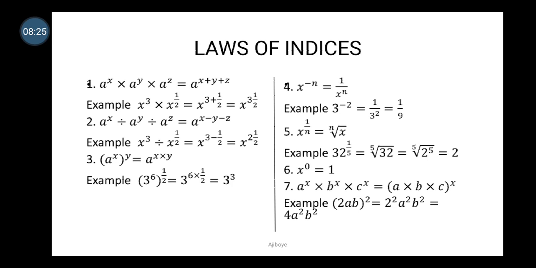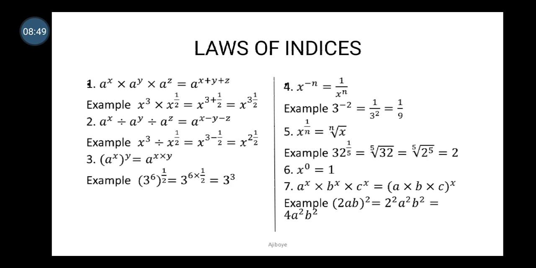And the 5th root of 32 is 2. In other words, 32 is 2 raised to power 5, so the 5th root and the power 5 will cancel out. Then you have 2. So the 5th root, which is the same thing as 32 raised to power 1 over 5, is 2. The 6th law says anything raised to the power of 0 is 1.